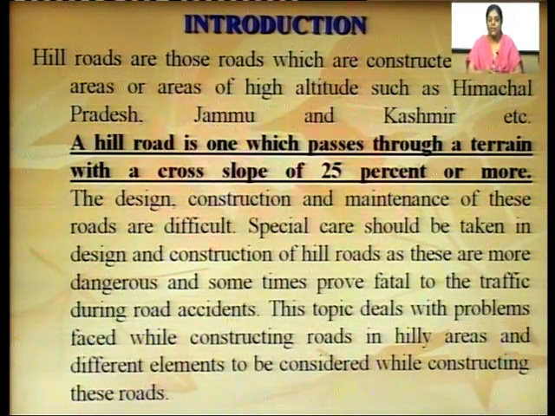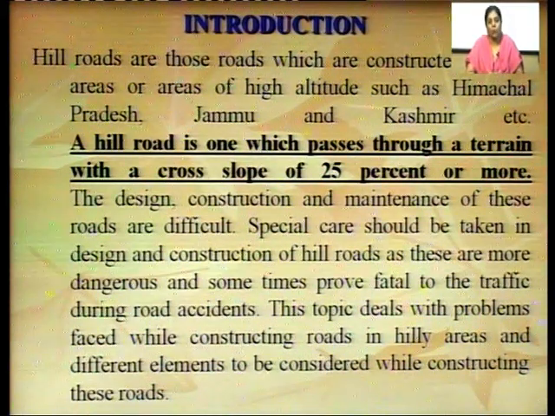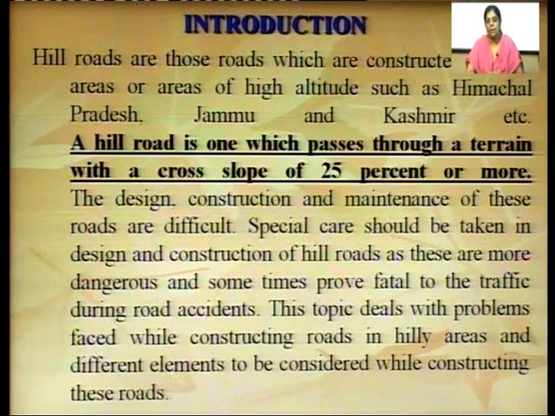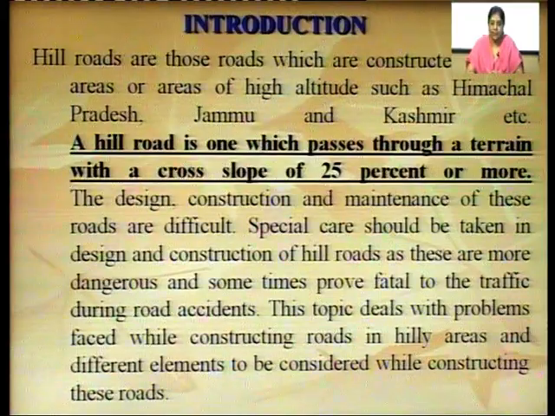So, the design, construction and maintenance of these roads is quite difficult. Special care should be taken in the design and construction of the hill roads, as these are more dangerous and sometimes prove fatal to the traffic during road accidents.